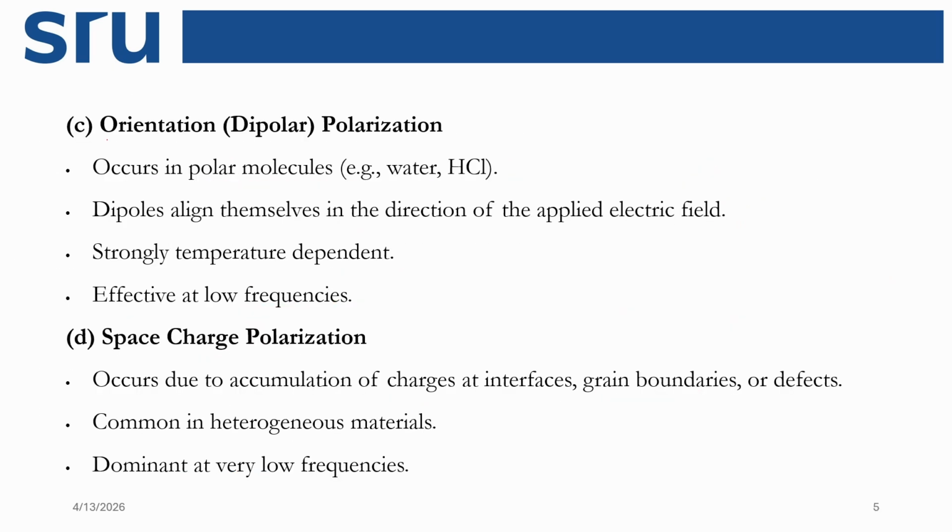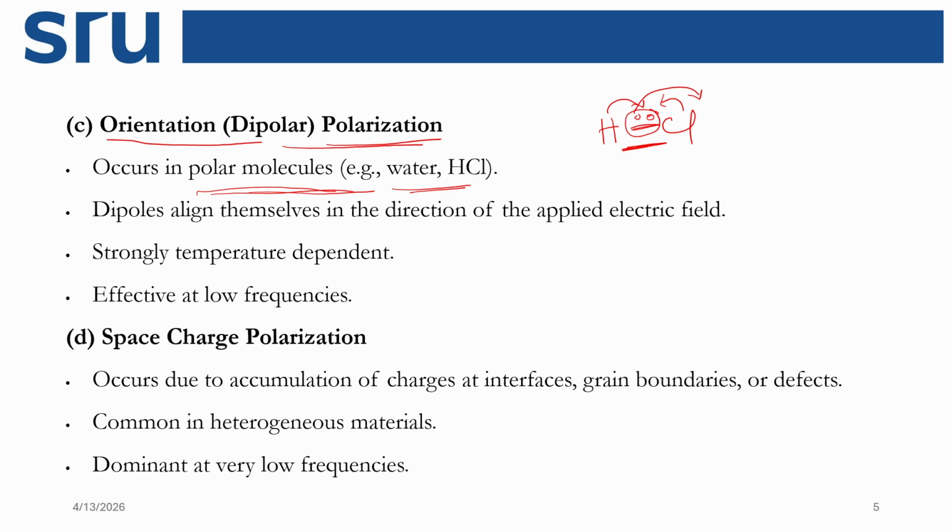Another one is orientation or dipolar polarization. It occurs in polar molecules. Polar molecules means, let's say, HCl. In this HCl molecule, the electronegativity of Cl is much higher than that of hydrogen. In the bond there are two electrons, one given by the Cl atom and another from the H atom. Due to the electronegativity difference, the electron cloud moves towards the more electronegative atom.